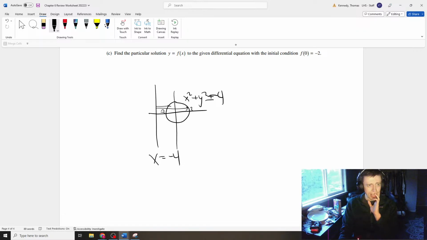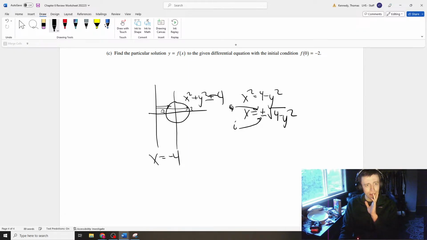Its inside and outside radius are both the circle. However, if you solve for x in this equation, x squared equals 4 minus y squared, x equals plus or minus the square root of 4 minus y squared. What's special about this is the outer radius is the positive one of these things, and the inner radius is the negative one of these things.